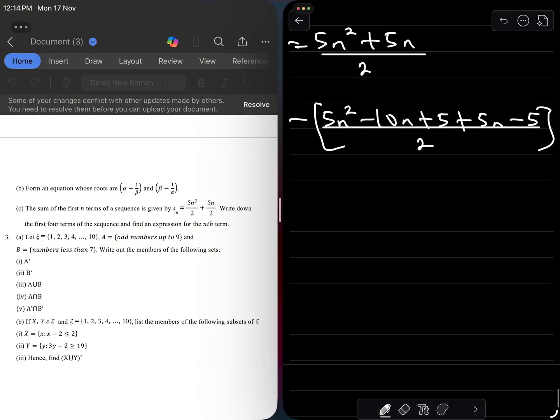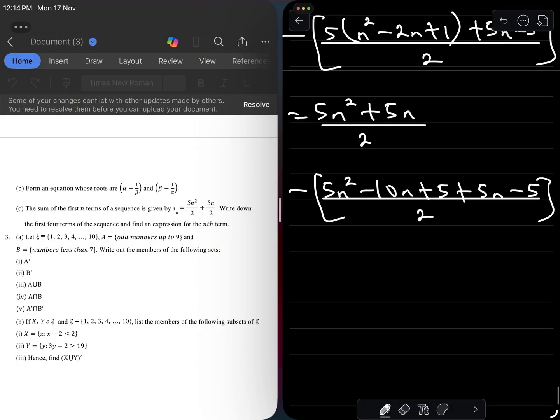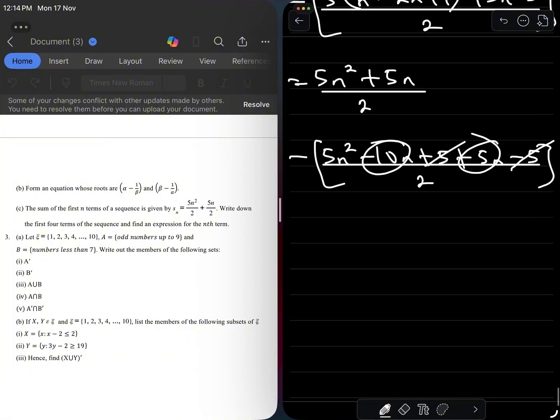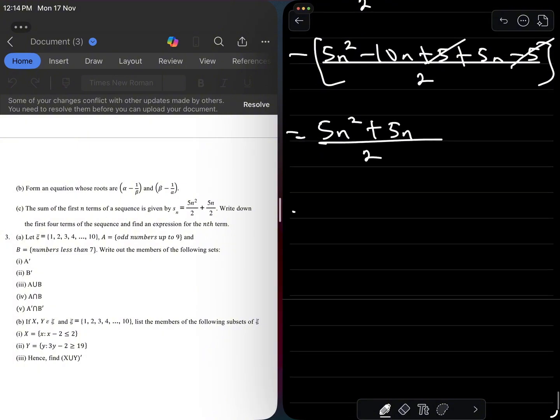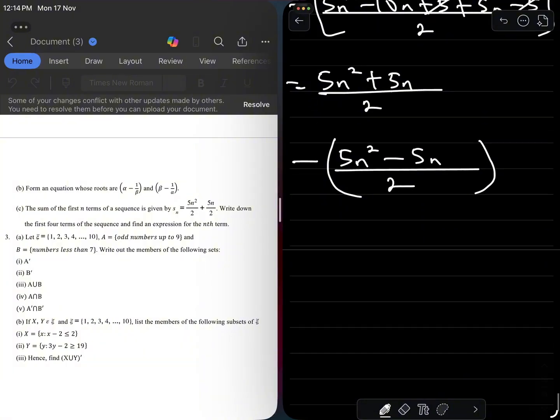And that simply means here 5 minus 5 is 0. Minus 10n plus 5n is minus 5n. So that will be equal to 5n squared plus 5n over 2 minus 5n squared minus 5n over 2.